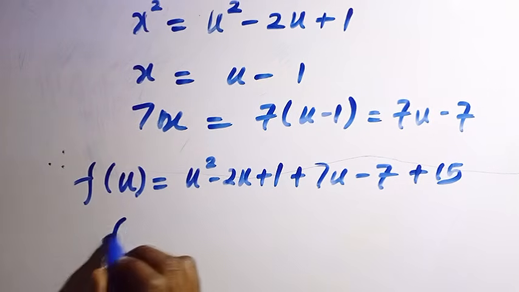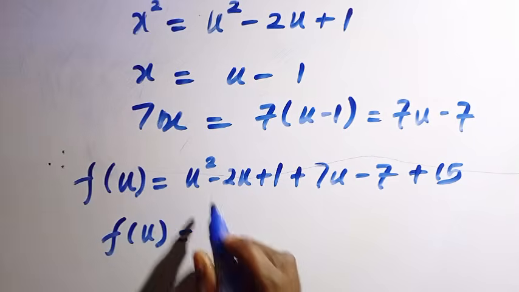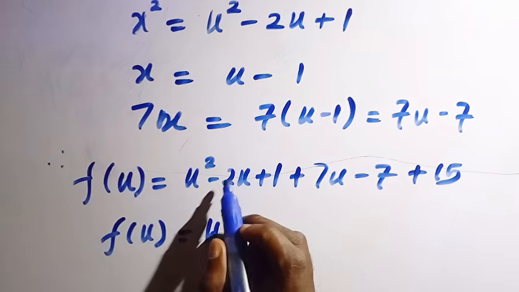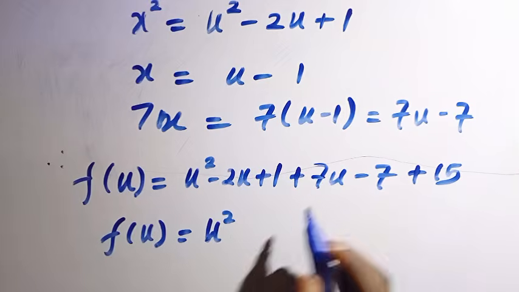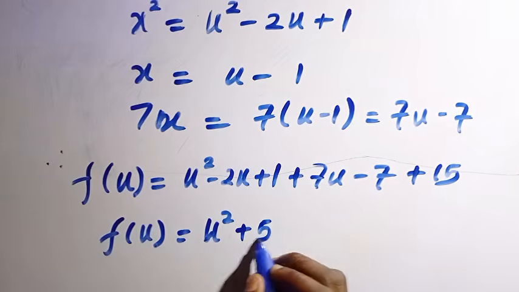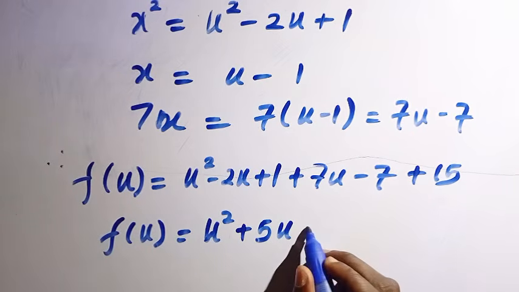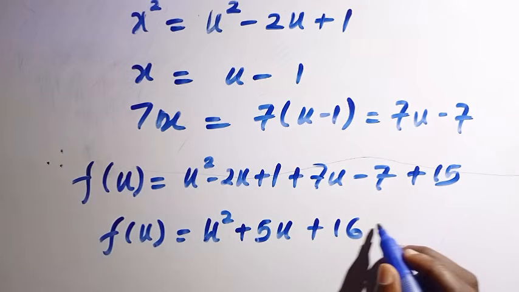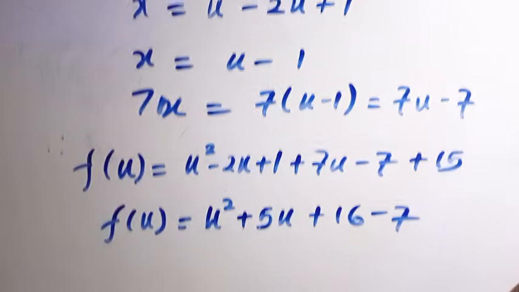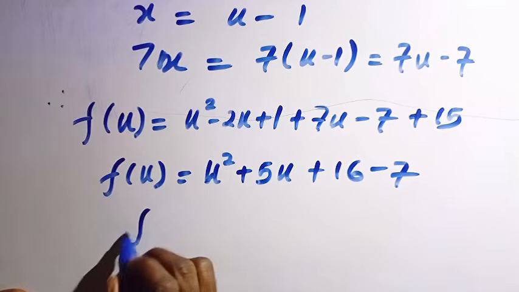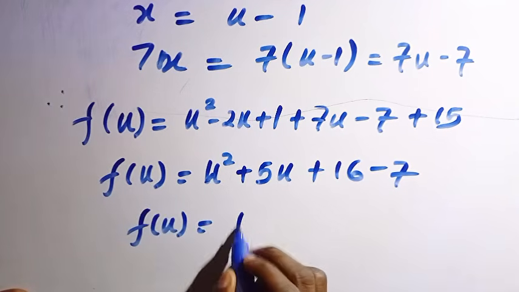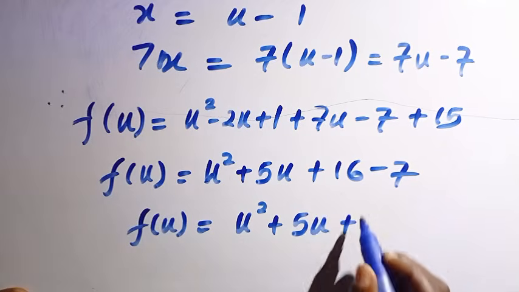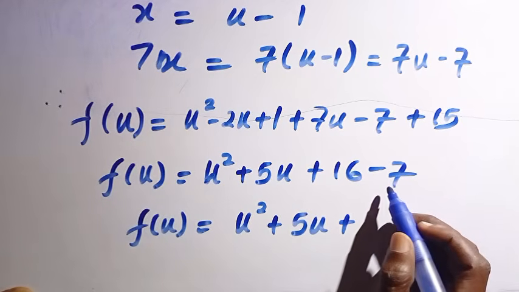So f of u equals u squared, then minus 2u plus 7u gives 5u, then plus 1 plus 15 gives us 16, then minus 7.